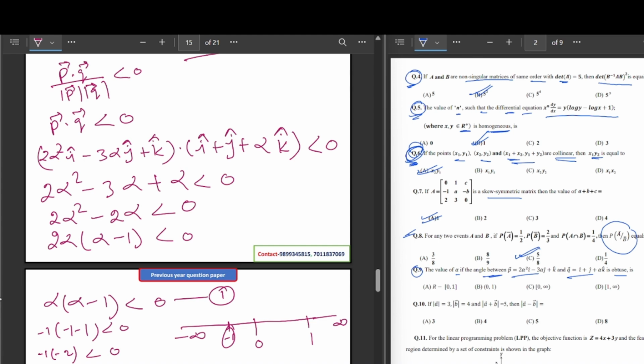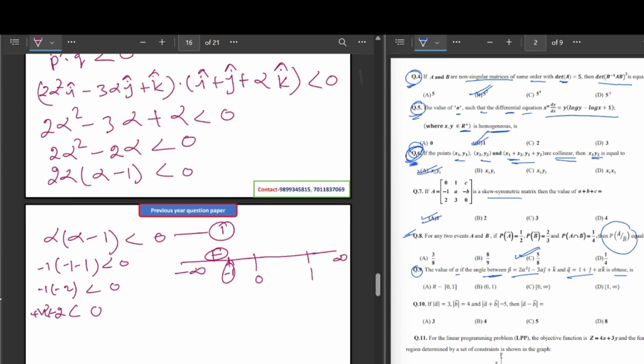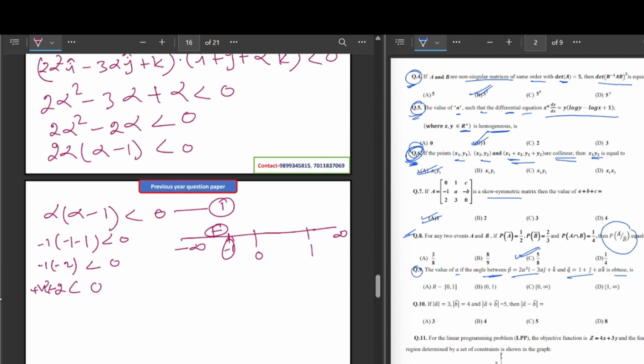So this is positive, so between this it will become positive. Now let us check the interval 0 to 1.